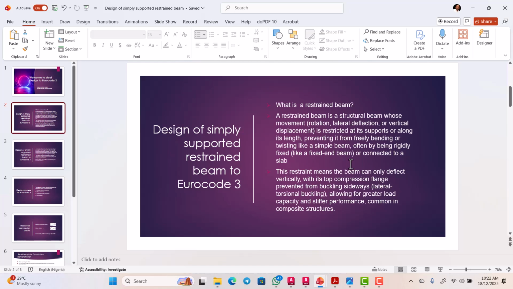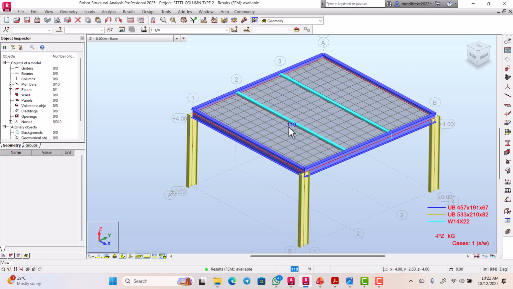Connected to a slab. Now, there is a key word here, connected to a slab. Before I further explain what this means, let's go to the Autodesk Robot.